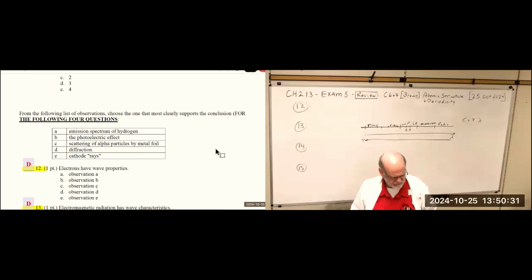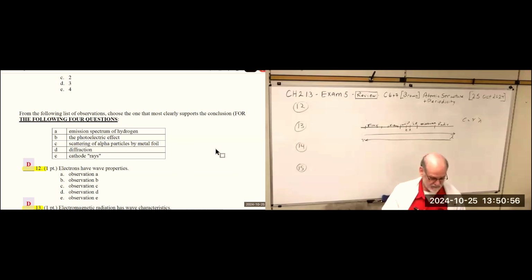Emission spectrum of hydrogen? No. I mean, that doesn't prove wave properties. What we were looking for is a phenomenon of matter that says this has to be waves.